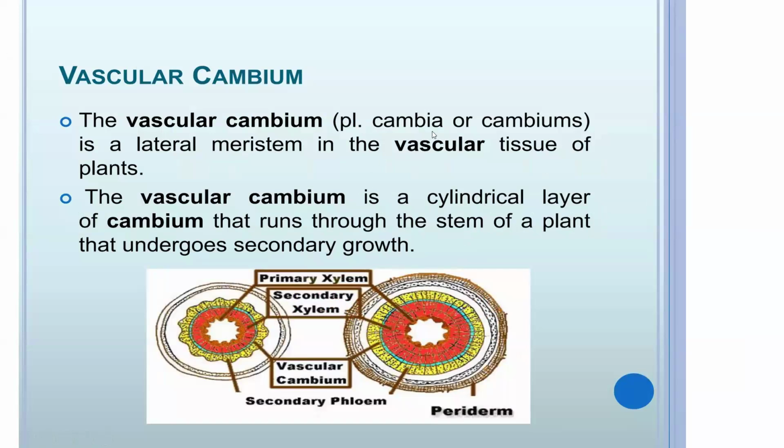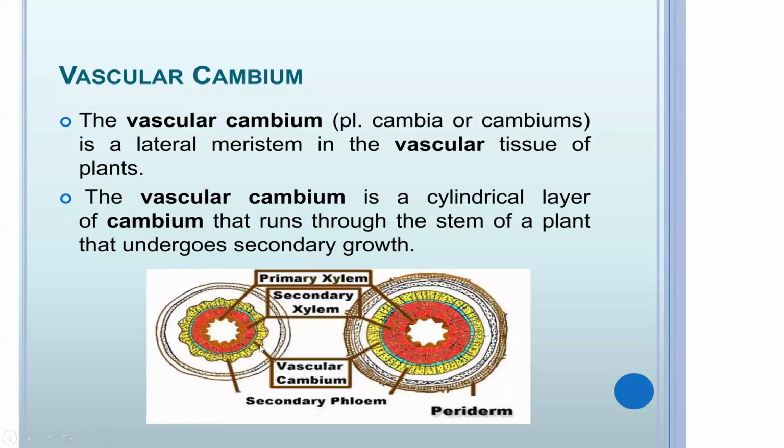The plural of vascular cambium is cambia, or simply cambium. It is a lateral meristem in the vascular tissue of plants, mainly in the dicots. The vascular cambium is a cylindrical layer of cambium that runs throughout the stem of the plant that undergoes secondary growth.